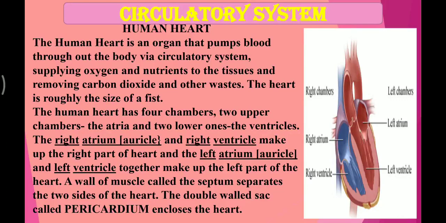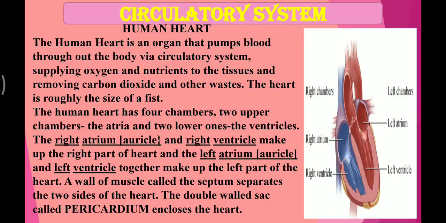Now, the first upper part, let us see. The right atrium, which is your right hand, is the right auricle or atrium. Left hand is the left auricle or left atrium. Okay? Upper part is auricle, atrium. Lower part is ventricle.